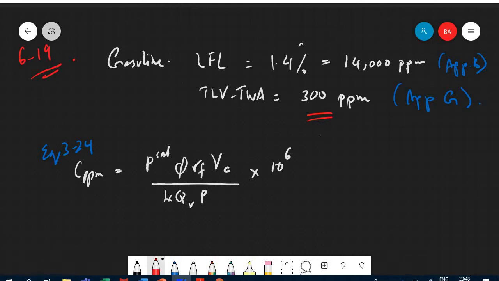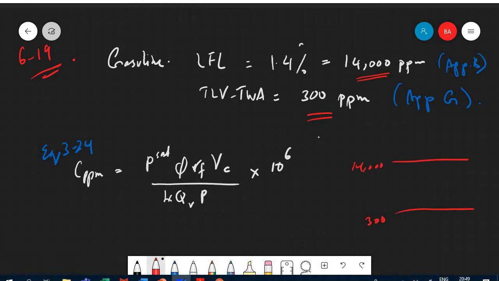The flammability limit is 14,000. Which one is higher? The lower flammability limit, which is the gasoline, is the one which is higher. What does higher mean? If I'm going to get a ventilation rate, I want to reduce my concentration, right? So just put it here, like this is 300, and say this is like 14,000, it's really high.